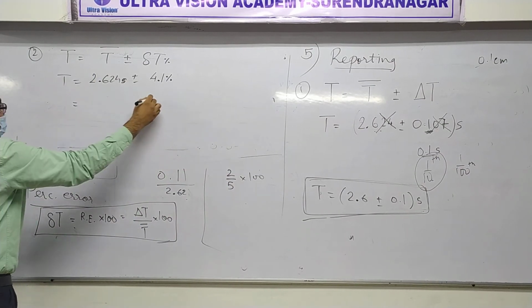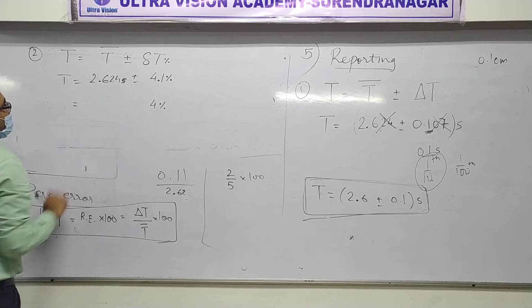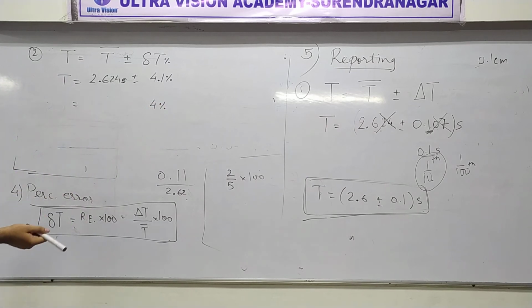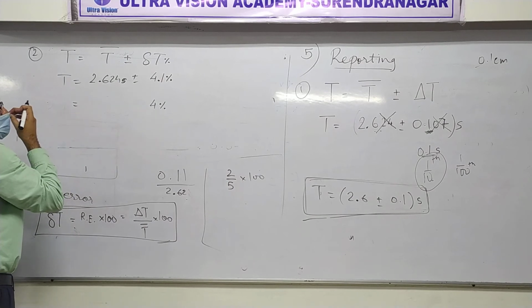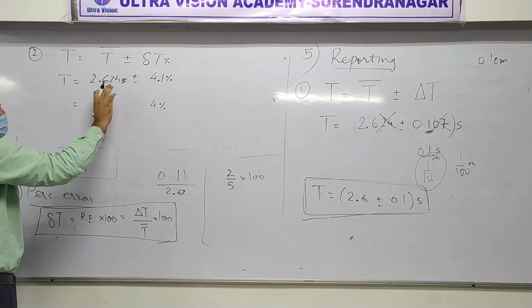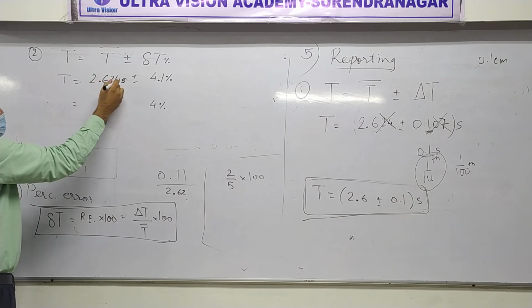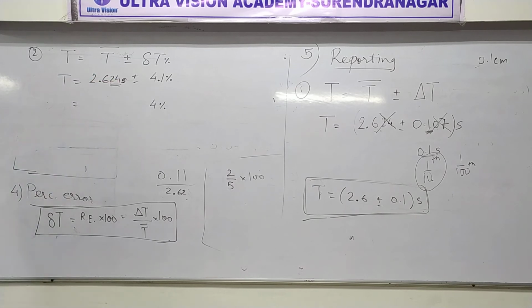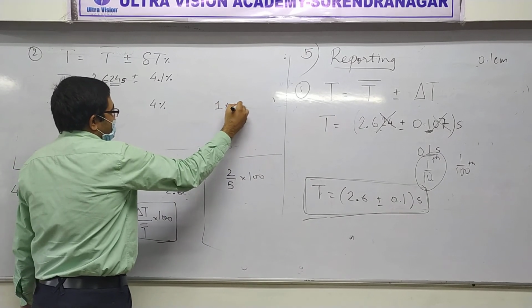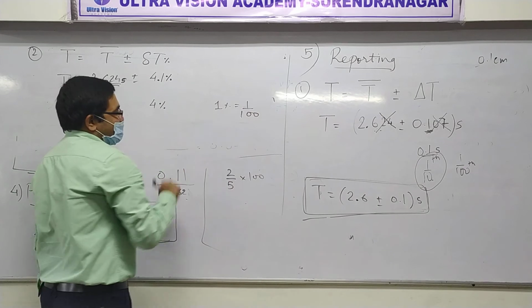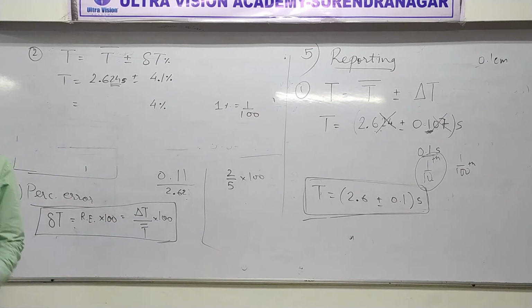So we will just write 4%. But one more thing. Saying 4% error means the last 2 digits, that is over here, these two, don't work very well. Why? Because 1% means 1 by 100. Do you agree with that? What is the meaning of 1%? 1 by 100. Clear?